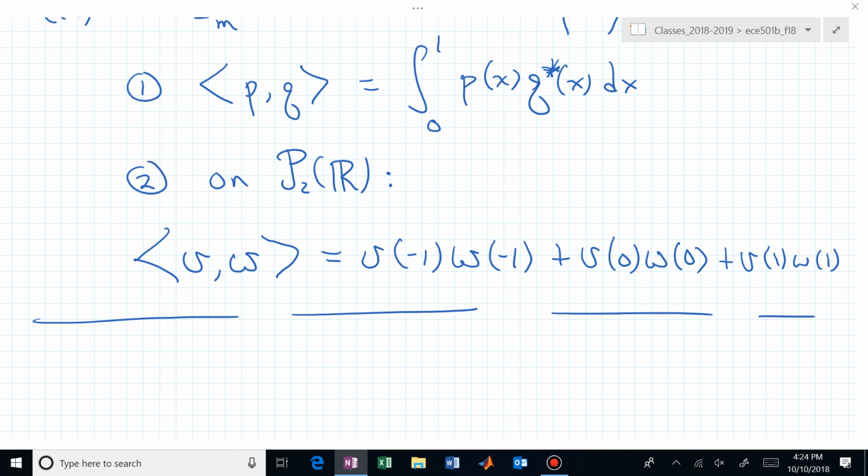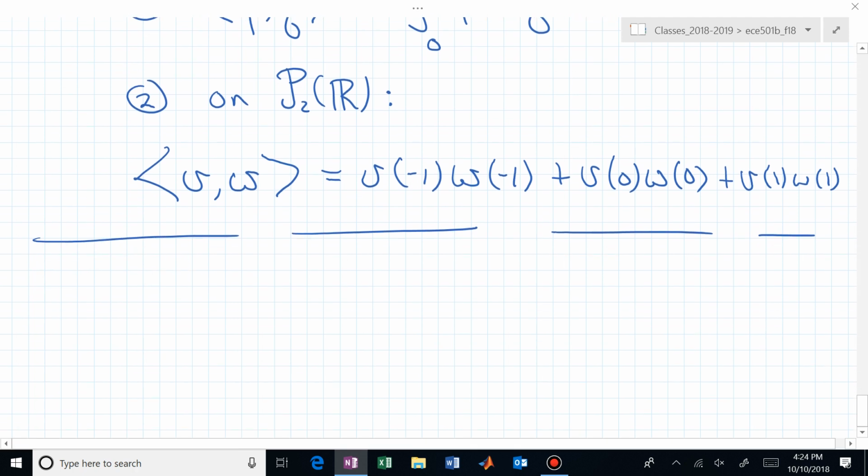So 3 is 1 more than 2. I know that sounds trivial, it is, but it's important here. If I had P3, I would need to evaluate this at 4 locations, and we'll see what that means as we work through this. So let's look at some examples of this.